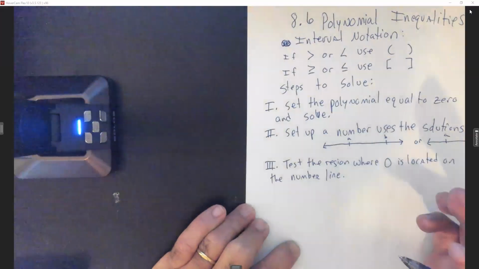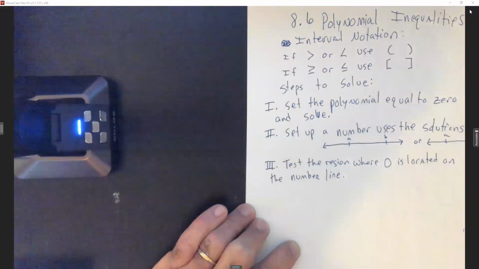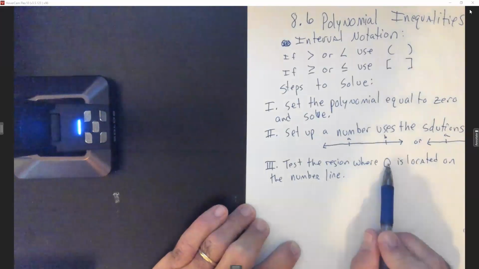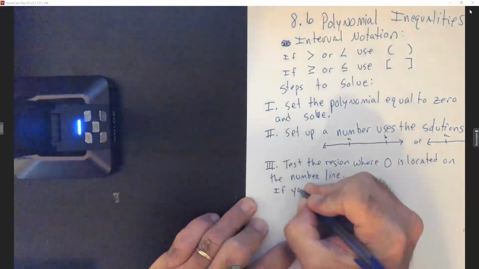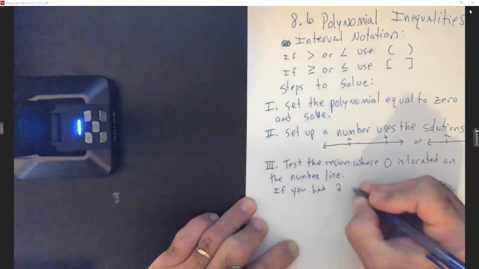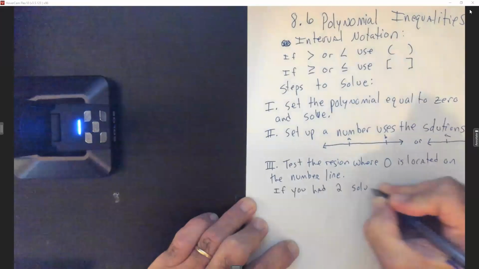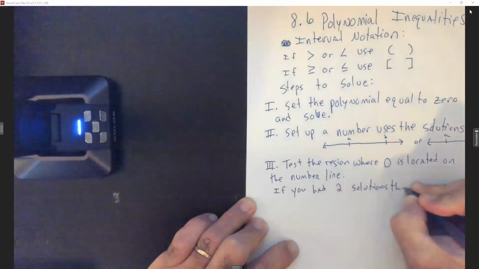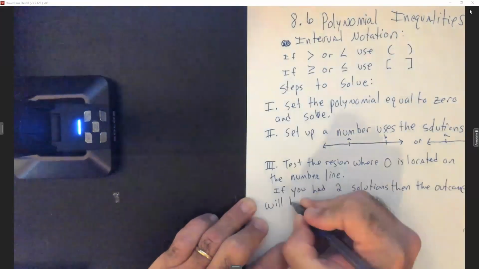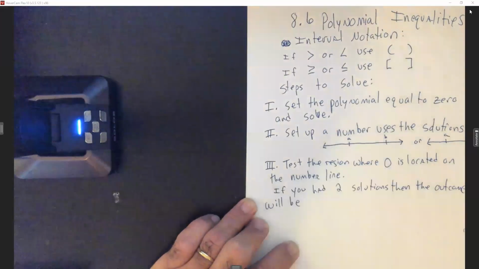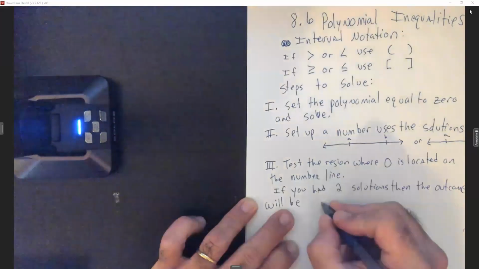Because of those exponents. You can check any number you want to, but 0 is the easiest, so always check the region where 0 is located. So if you had two solutions, then the outcome will be, okay, so watch what I'm doing. I'm going to draw my number line.